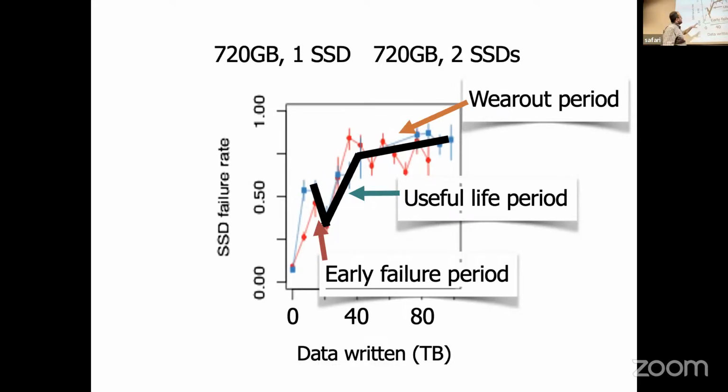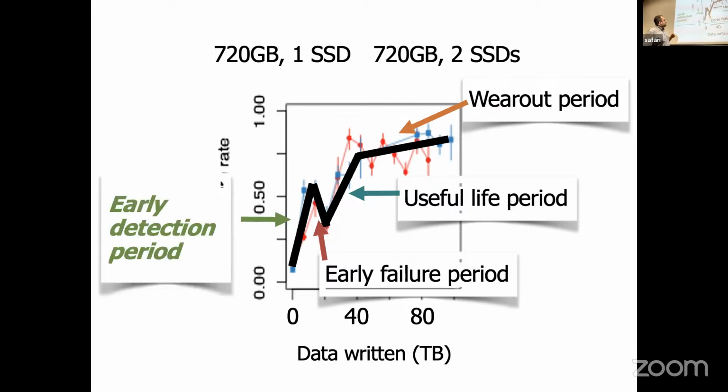We somehow observe this bathtub curve. We have this early failure period, then a useful life period, and then a wear out period where we observe a lot of SSD failures. But at the same time, we also observe an early detection period where the bit error rate was quite low, which is against the bathtub curve. But we don't know exactly the reason for that.